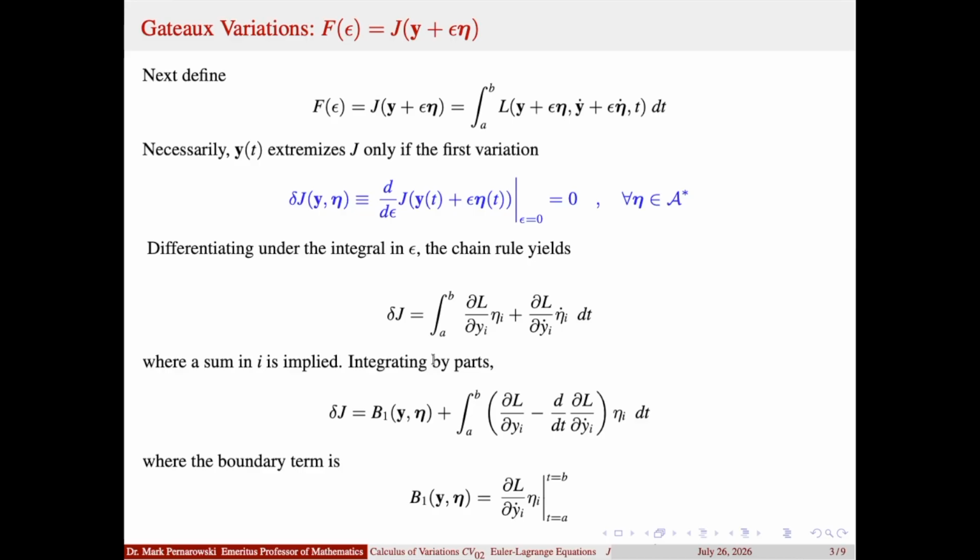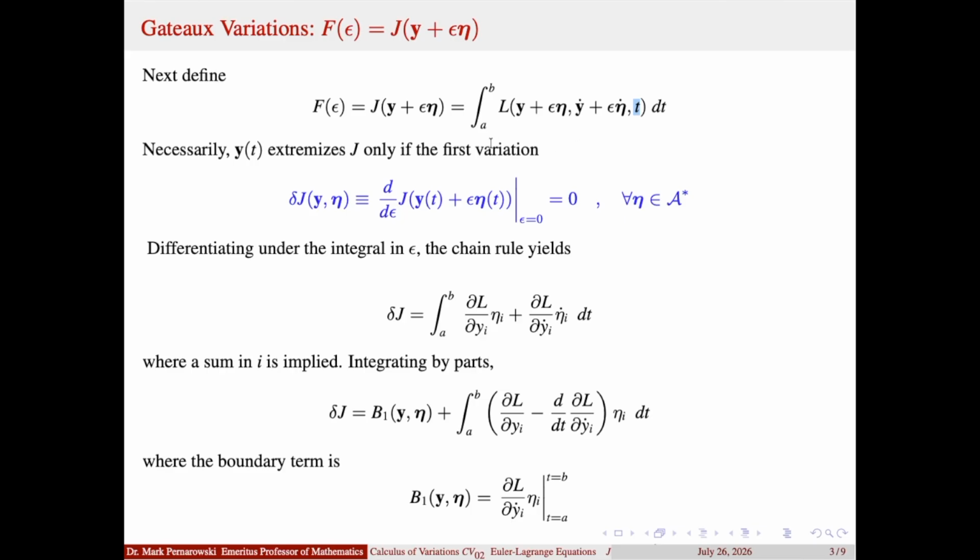So we're going to compute the first variation of the functional J. And we're going to do this for a general Lagrangian L. So J at y plus epsilon eta will be L evaluated at y plus epsilon eta in this first argument, and then y dot plus epsilon times eta dot, and then possibly t.